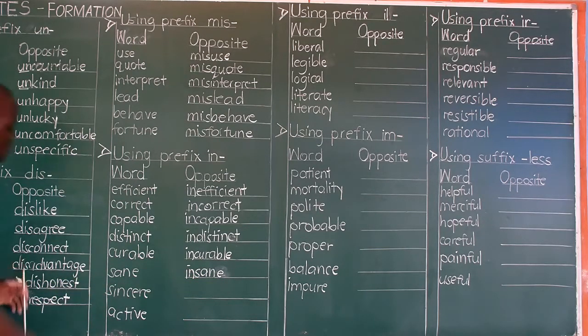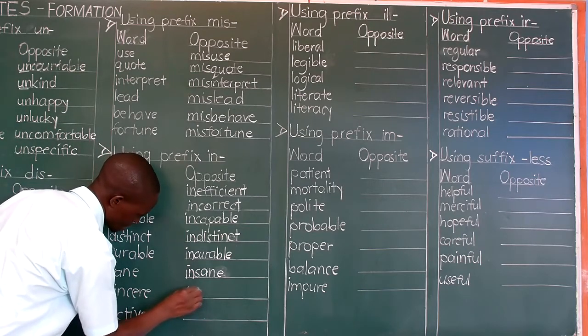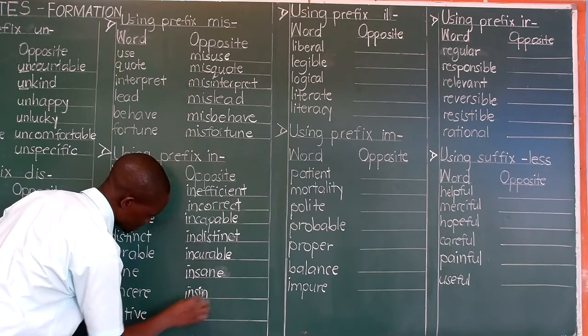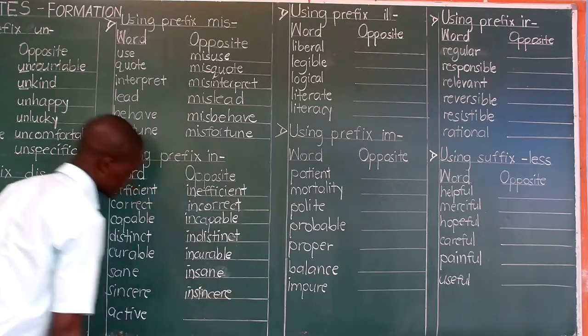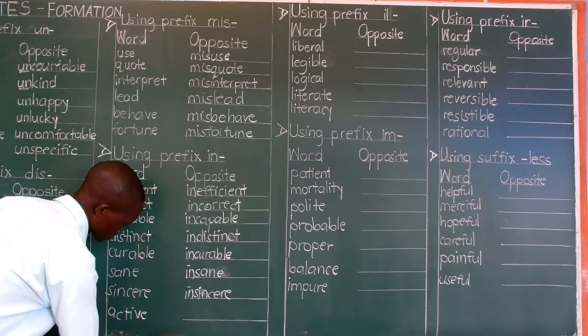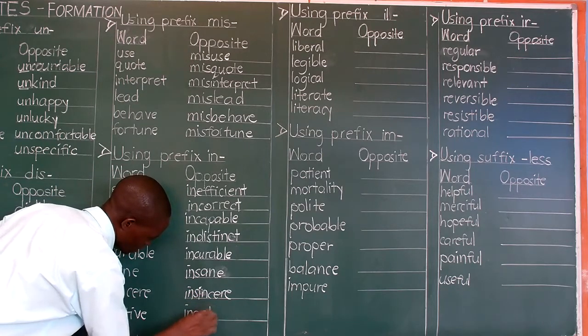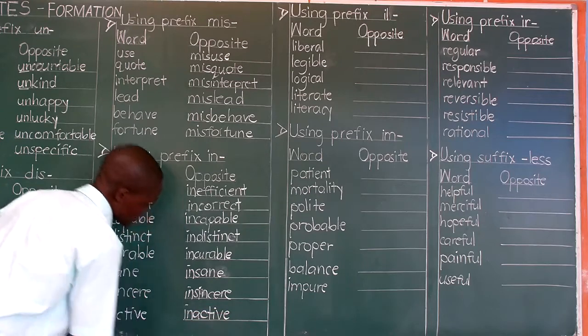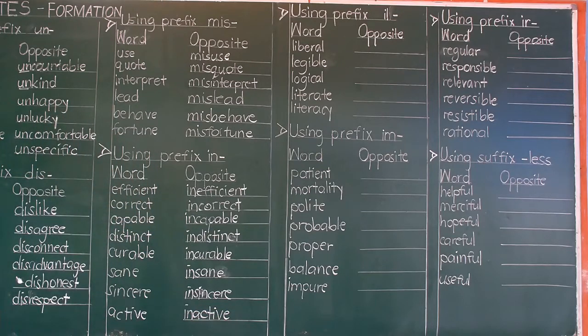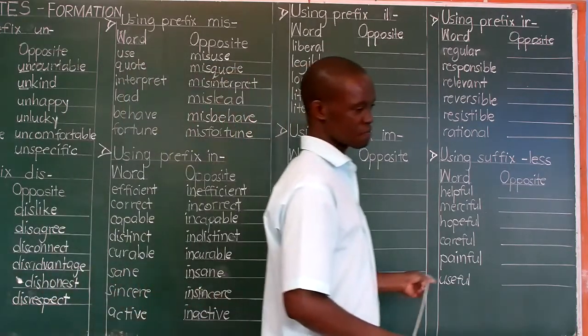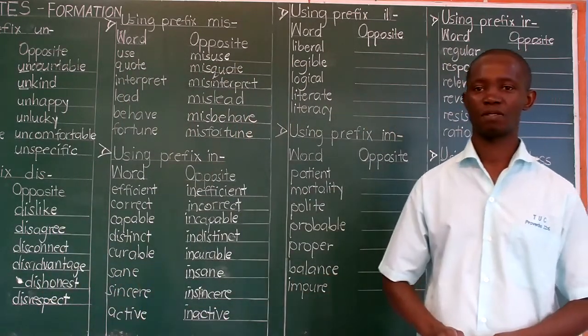Sincere, insincere. Active, the opposite of active is inactive. We have children in classes who are active, whereas others are inactive. Okay, that's all I can say about formation of opposites using prefix in.